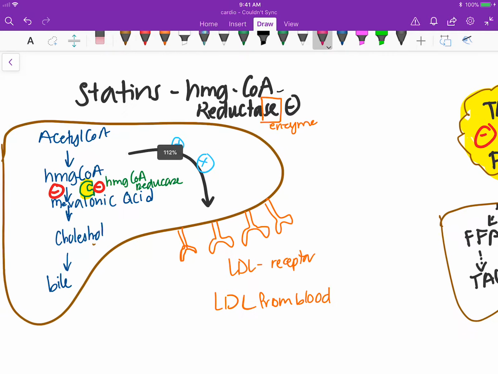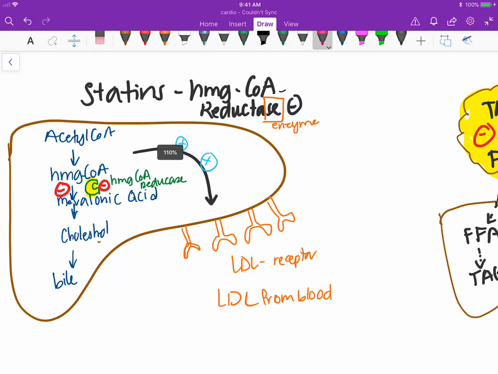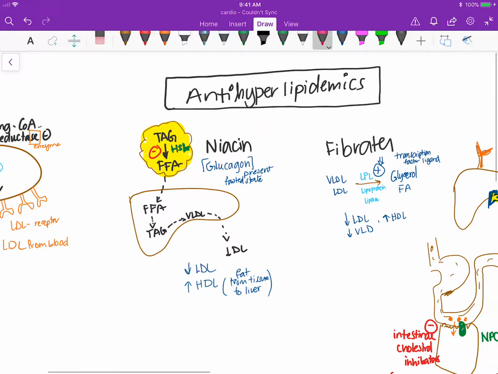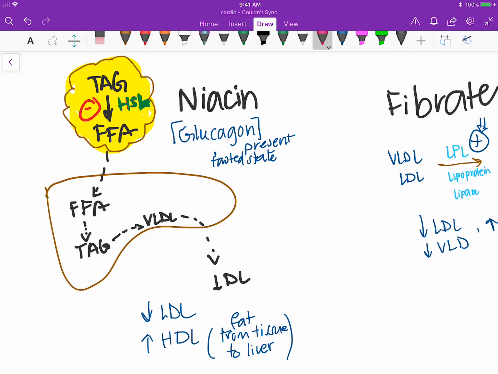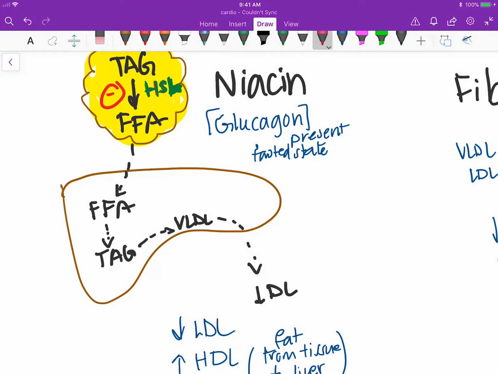Okay, so this should give you an overview of the different types of anti-hyperlipidemics. Remember, we talked about the statins that are HMG-CoA reductase inhibitors. Their job is to make sure that your liver doesn't make its own cholesterol and it's forced to get it through the circulation. You have niacin that releases free fatty acids from adipocytes when you're starving. So niacin decreases that. It keeps the fatty acids in the fat reserves of your body.